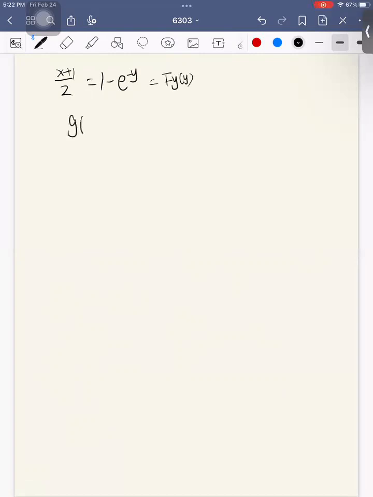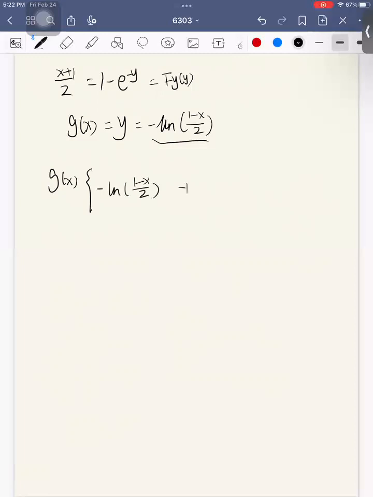So we can solve this equation. By solving this equation, we can say g(x) is equal to y is equal to -ln((1 minus x)/2) in here. Now we can find the range for g(x). For this term here, the range is from -1 to 1. Now let's plug in the value, or we can draw a graph to see how the other value looks.